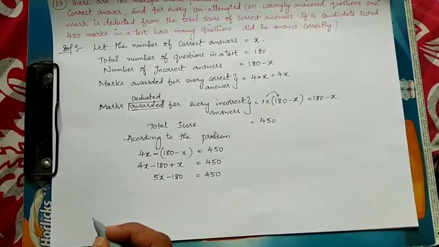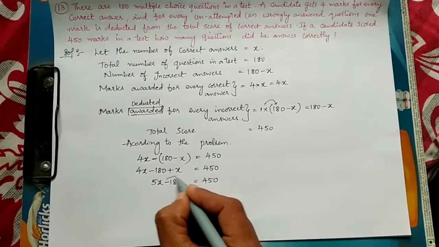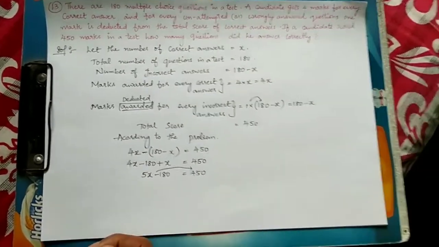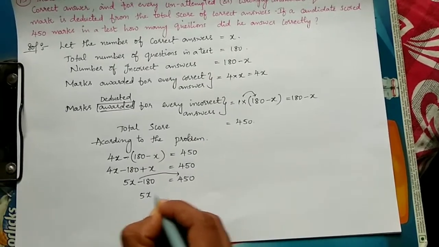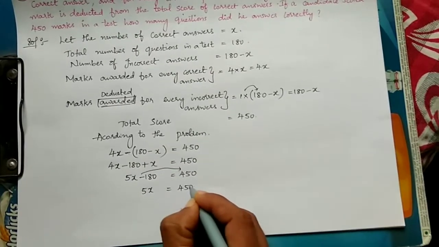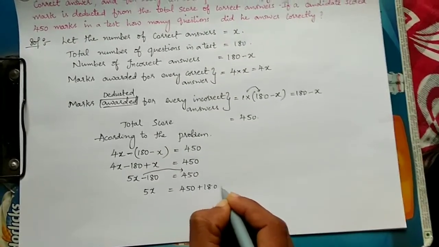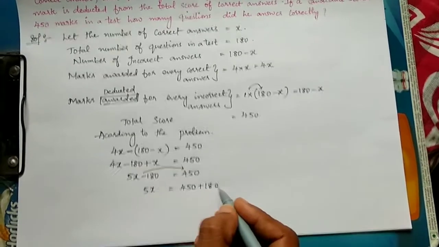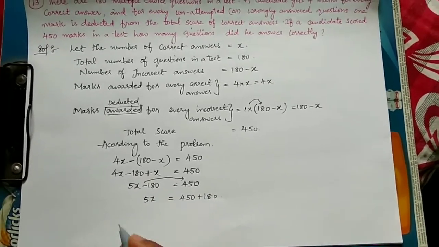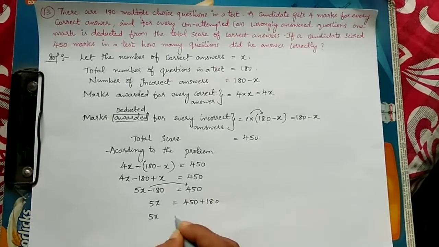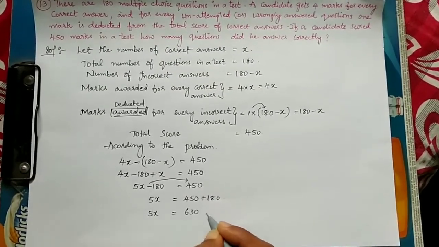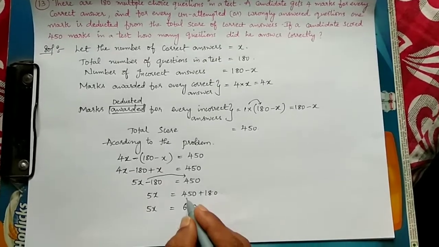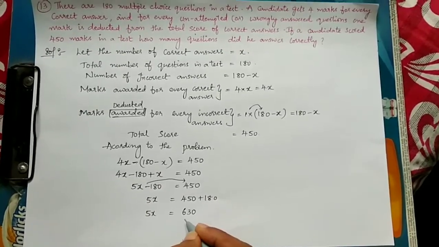Now you can transpose this minus 180 to the right side, so we get a plus 180. So 5x is equal to 450 plus 180. Now 450 plus 180 is how much? 630. So if you add 450 plus 180, we get 630.